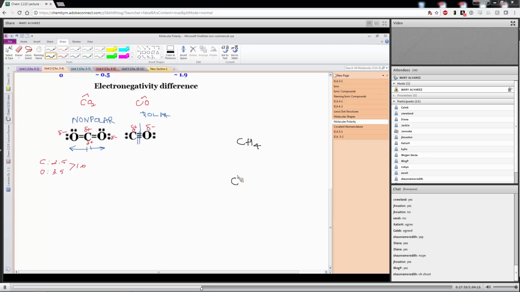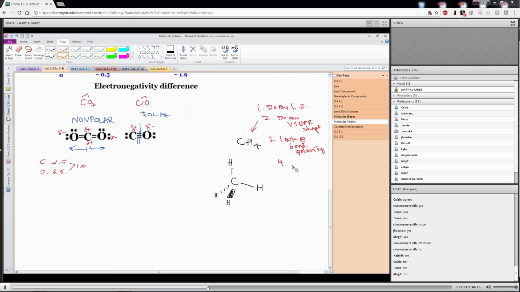So CH4 has 4 bonds to hydrogen, and I'll give you the VSEPR shape on this one because in order to determine if this molecule is polar, the first thing we're going to ask is, is an individual bond polar? So is the carbon-hydrogen bond polar?